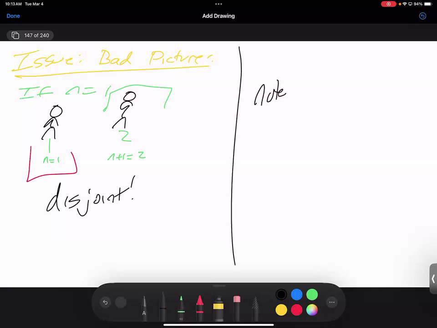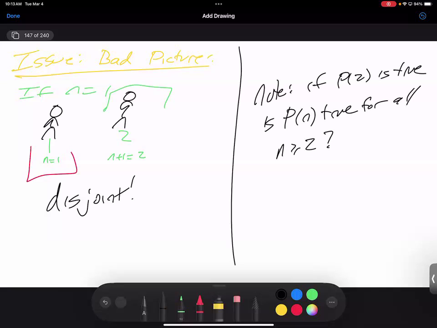Note, if P2 is true, is Pn true for all n greater than or equal to 2? Yes. If you know in any group of 2 people that everybody has the same name, then in any group of no matter how many people, everybody will have the same name, because you can keep splitting them off with everybody just going with person 2.